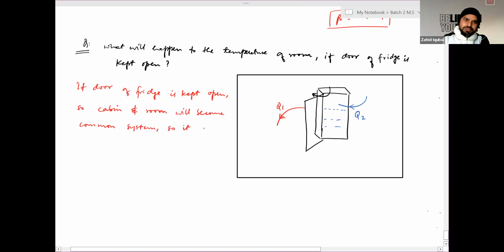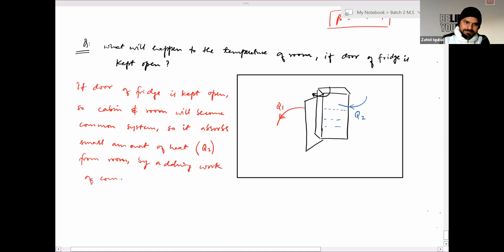So it absorbs a small amount of heat Q2 from the room by adding the work of the compressor.